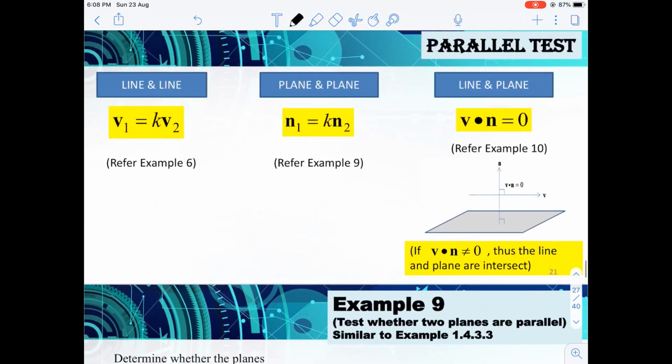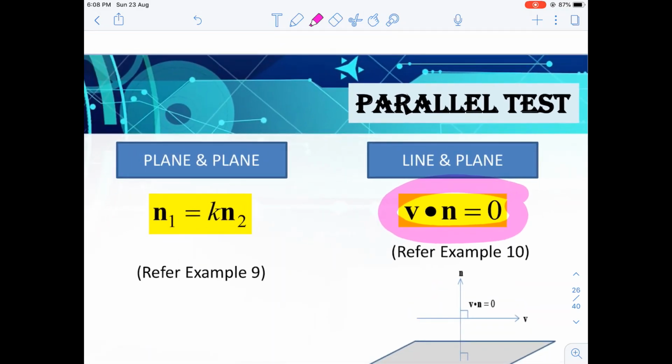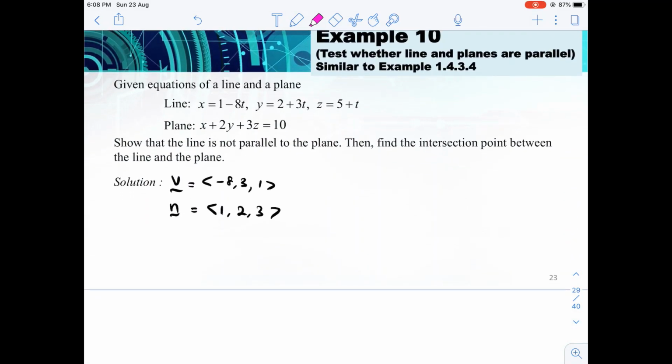Now, in order to test whether the line and plane are parallel, we need to show that v dot n must equal 0. Of course, in this example, v dot n must not equal 0 because the question asks you to show that the line and plane are not parallel. So let us do the dot product. V dot n equals negative 8 multiplied by 1, plus 3 times 2, plus 1 times 3.